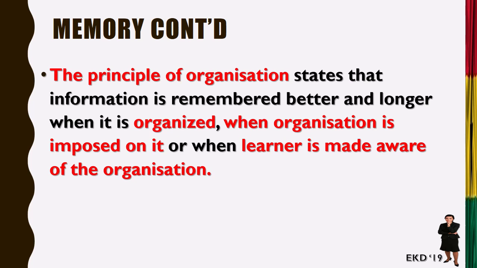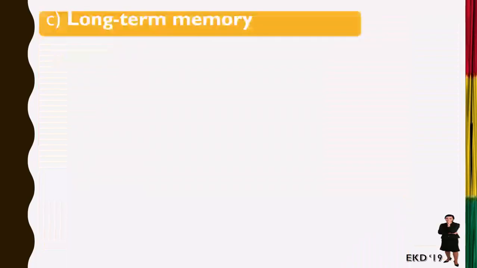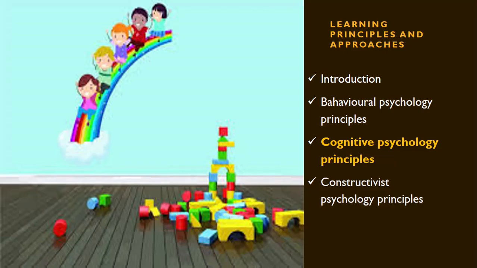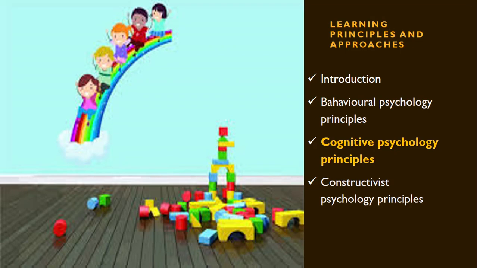So, when you look at this slide, now it is organized. Let me go back and you see something. Good. So, on learning principles, I have this organization: introduction, behavioral psychology, cognitive psychology, constructivist psychology. As soon as you get to this point, you know we are transiting from one topic to the other.